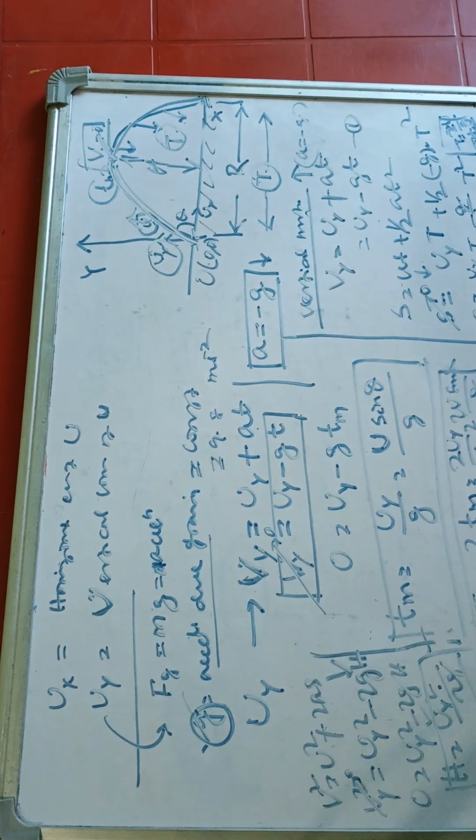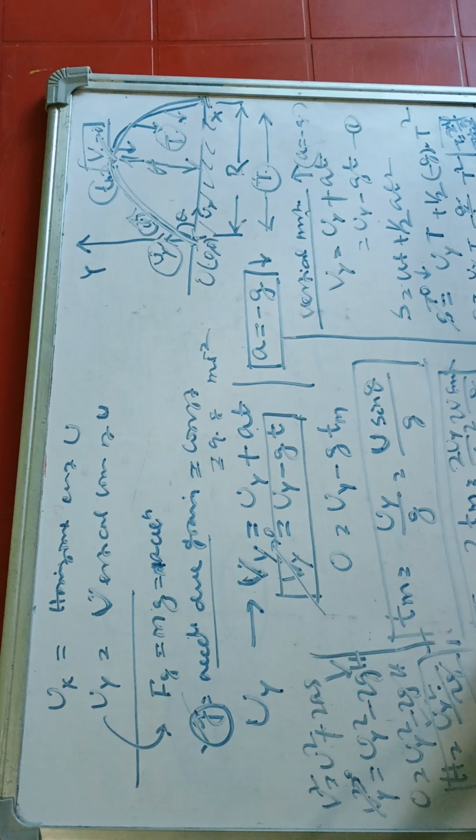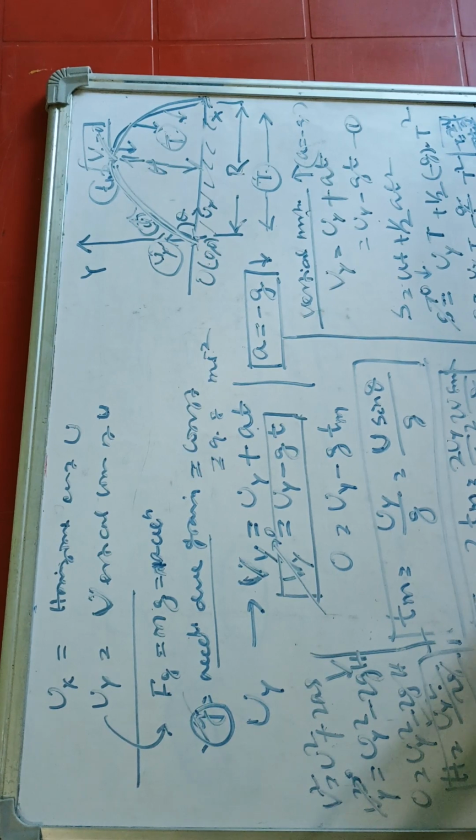And we know uy is equal to u sine theta, so h becomes u square sine square theta by 2g.